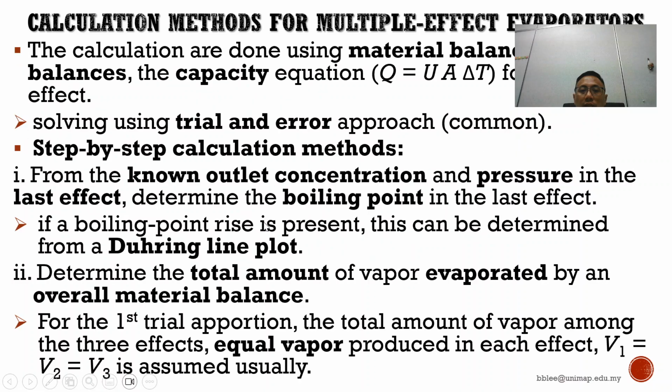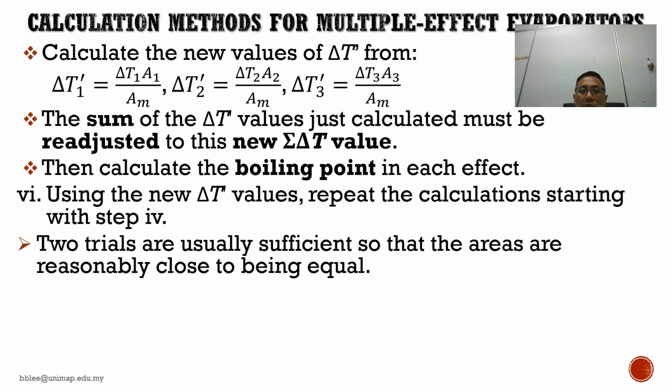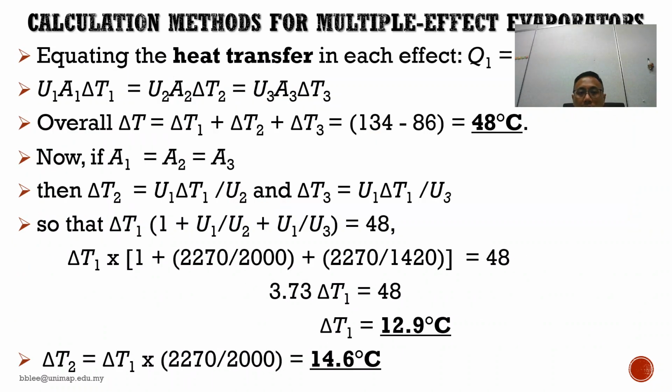So we take this and substitute inside here, and rearrange, we get delta T1 factorized, and it should equal 48, which we calculated, between the steam temperature and the temperature of the condensate coming out from the third effect. We substitute the U values given in the question, equate to 48 and rearrange, we get delta T1 equals 12.9 degrees Celsius.